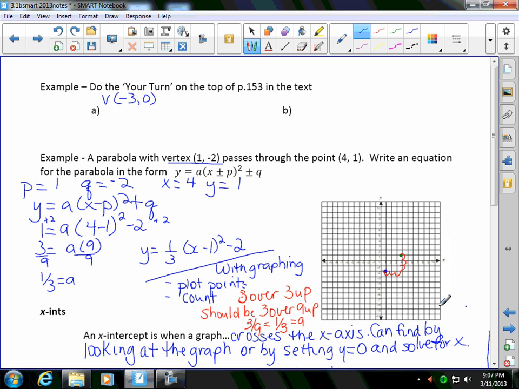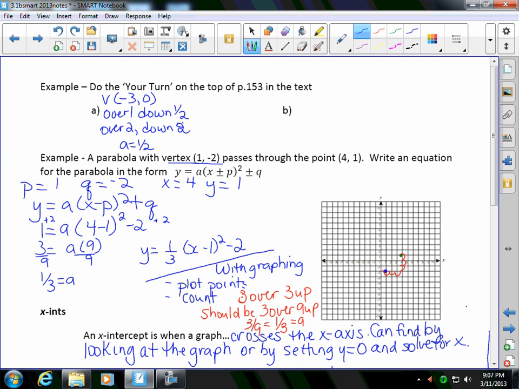If you go over 2, you would go down 2. Normally we'd be going over 1, down 1, over 2, down 4, so that means that my A is half of what it normally is.